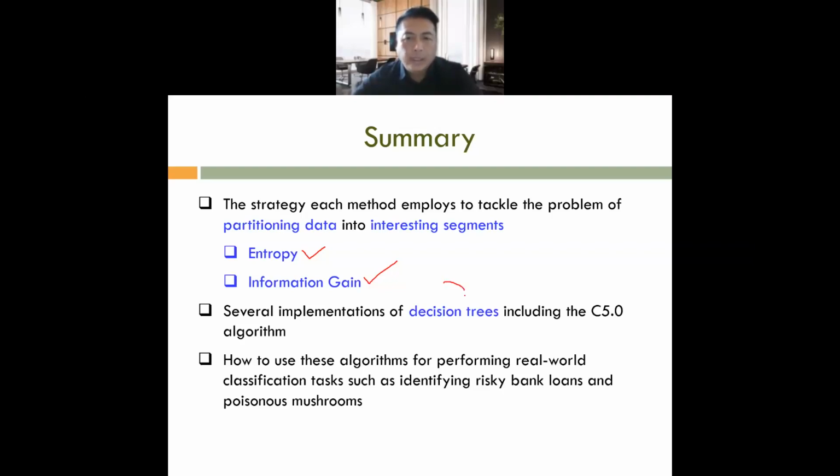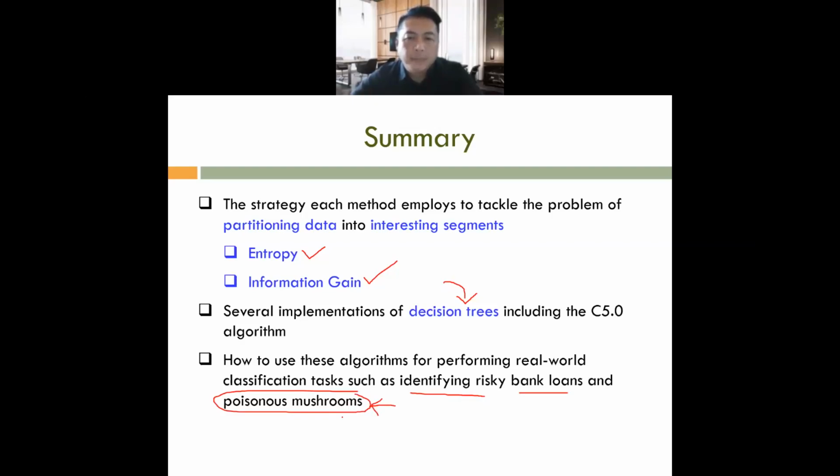And we also look at how decision tree can be applied using the C5.0, and then how we can improve the performance of your classification. Okay, and we have shown that in a real world classification task, such as identifying risky bank loans. Okay, this one we will go into for your assignment.